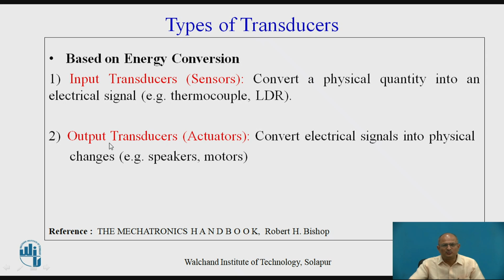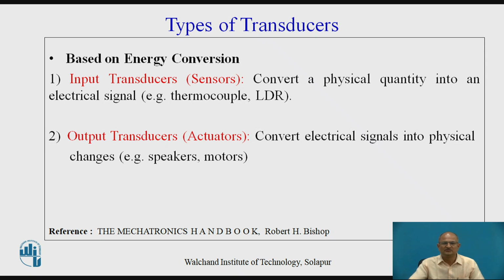Now, output transducers are also known as actuators, and they convert an electrical signal into physical changes, for example, speakers and motors. So when we give an electrical signal to the speaker or to the motors, then we get an effect in the form of mechanical movement.